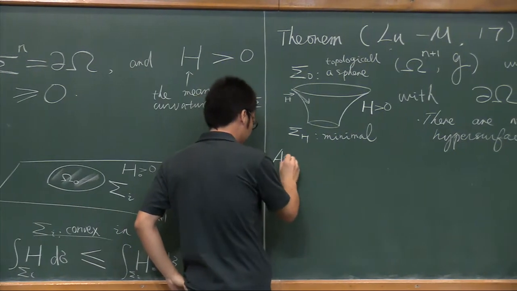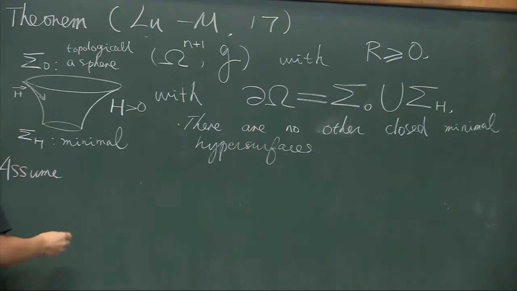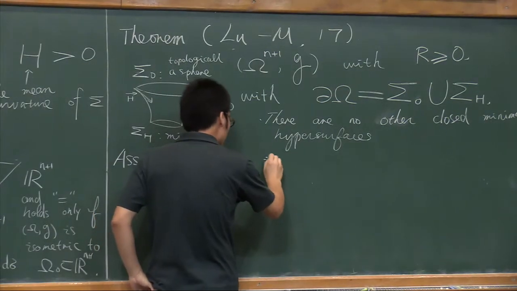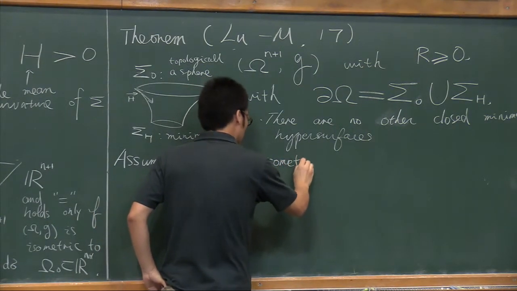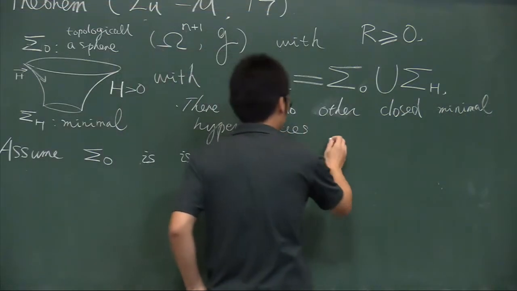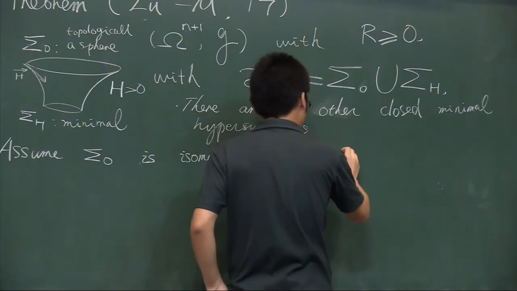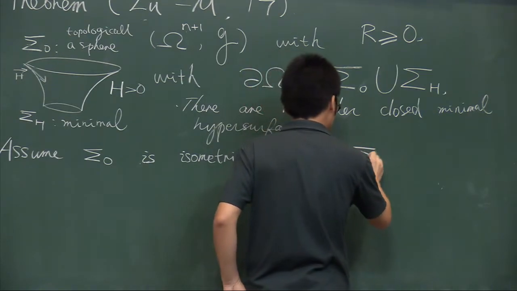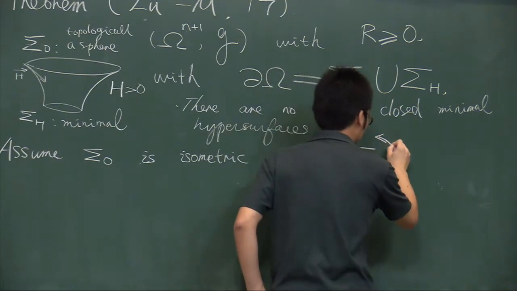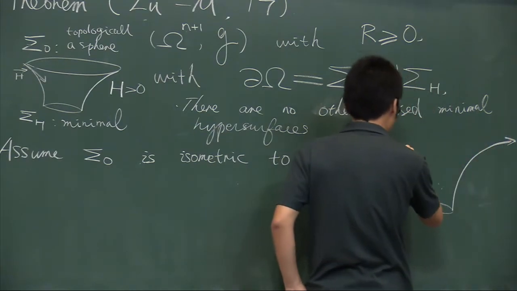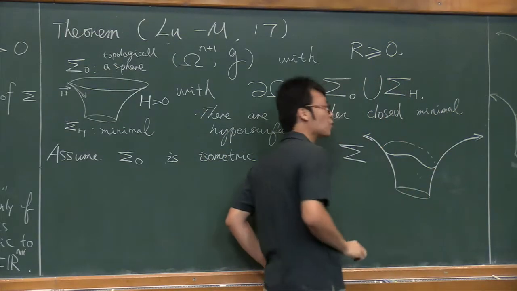So assume the outer boundary sigma O is isometric to a surface sigma, where sigma is a hypersurface in a Schwarzschild manifold.